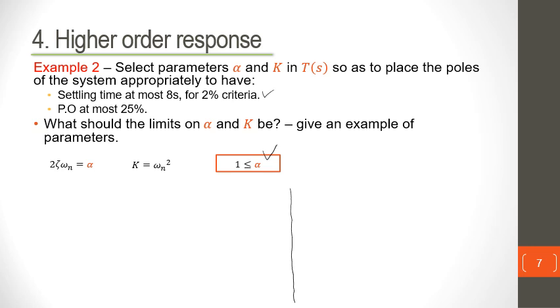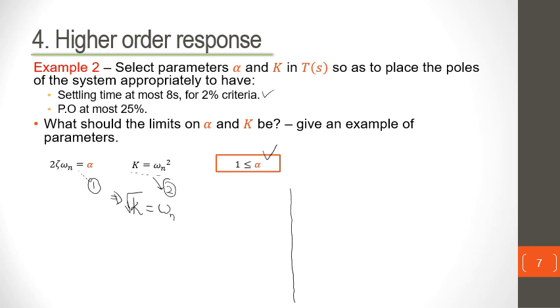Now we also have the relationship for equation 1 and for equation 2, and we can show from here that the square root of k is equal to the natural frequency.